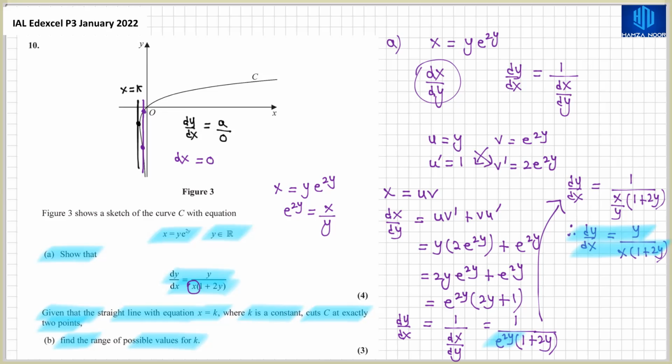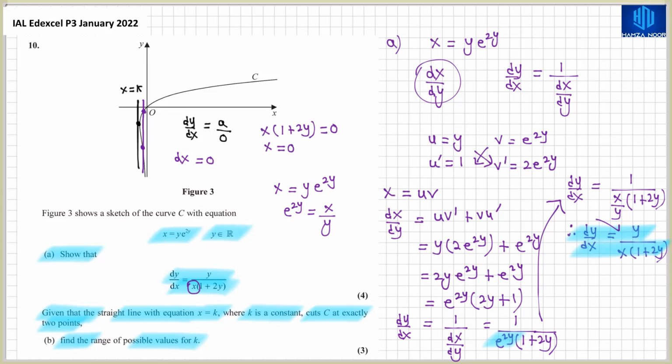Okay, so as we have already shown that dy over dx is equal to y divided by x times (1 plus 2y). Therefore, when dx is equated with 0, x multiplied by (1 plus 2y) is equal to 0. All right, so first we have x equals 0, and we are not interested in the origin point, so x equals 0 will be ignored.